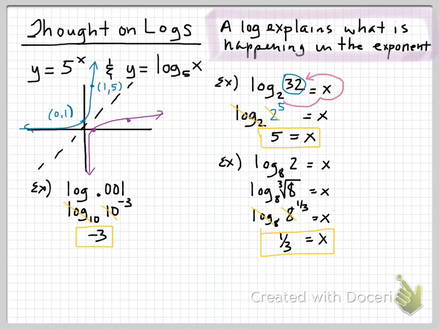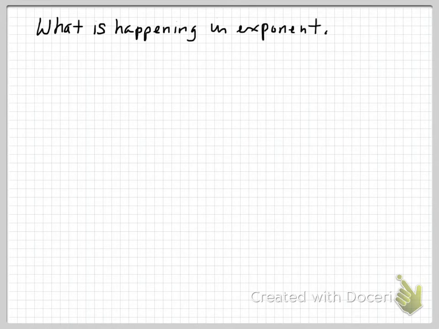All right, so that's really awesome. Let's move on to some thoughts about logs to help you understand what is happening in the exponent. So remember, logs and exponents always consider what's happening in the exponent. So I'm going to start off with some examples. We know that if I wanted to multiply a to the fourth times a to the third, I'm not actually multiplying what's happening in the exponent.